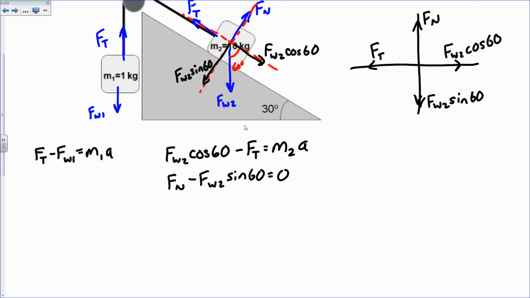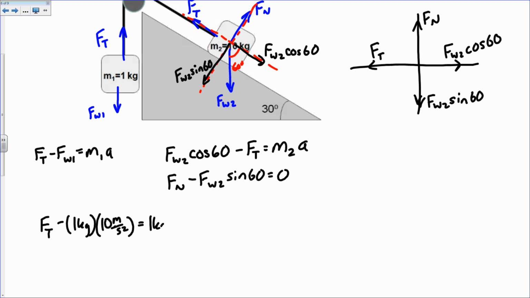I'm going to go and plug in some numbers. I have Ft minus Fw1. That's going to be 1 kilogram. And I said to use 10 for g, 10 meters per second squared. It makes your numbers a lot easier. Equals M1.